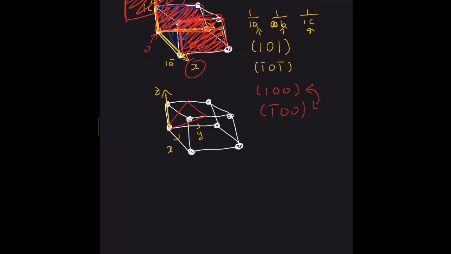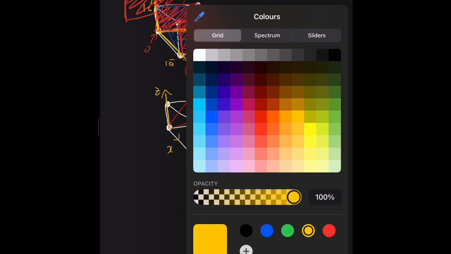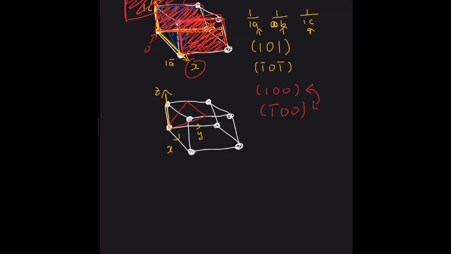Well, in this case, what we can do is shift the position of the origin. So, for example, let's pick another origin. Let's pick this point.